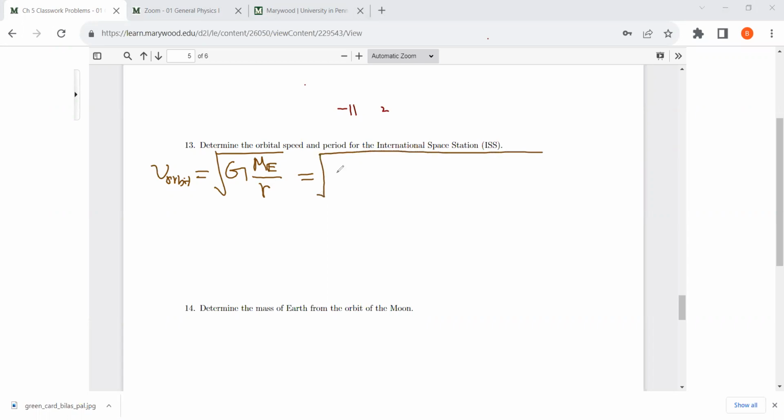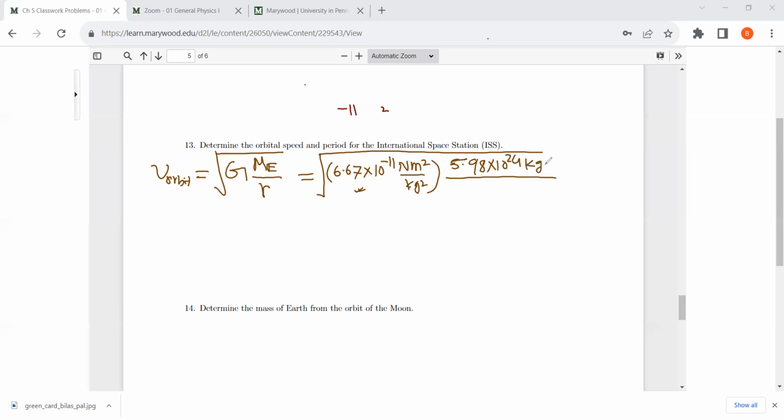Now plug in the values. This value is constant. Although in this question I didn't give you any numbers, you can get all the numbers from question number 11. This is a known value, a constant, and the mass of the Earth is 5.98 times 10 to the power 24 kilogram.